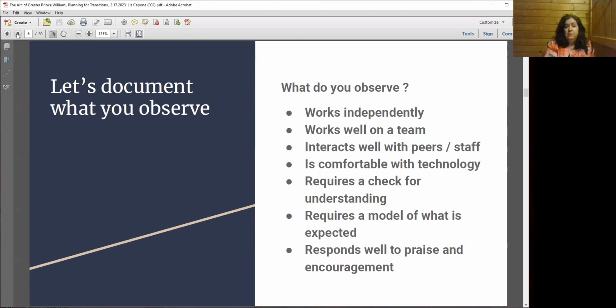And then if somebody responds well to praise and encouragement, that's amazing. That's great. Some people are like, whatever. If your child, and when I say child, I mean however old your child is, responds well to praise and encouragement, I think that's great too. And again, reinforce that when you have that conversation with your child. Next slide, please.